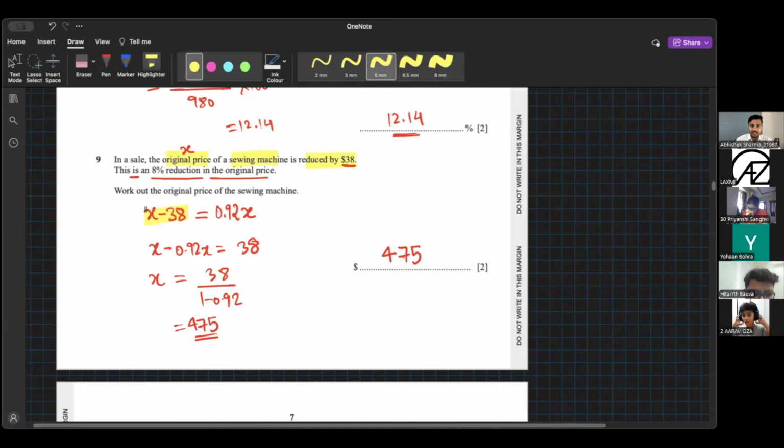Then they are saying this amount is an 8% reduction in the original amount. So 8% reduction means x into 0.92 is the multiplier, and we found the value of x, which is 475. You can also take it as 38 equals 8% of x. That is also correct. So you're getting 475, right? Yes. That's perfect. Question number 9 done.